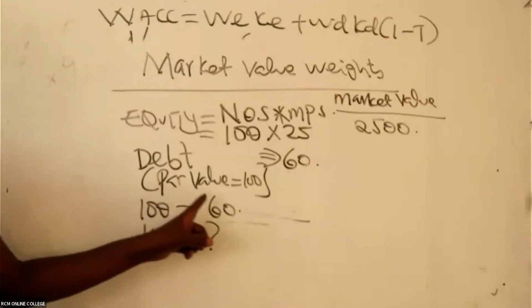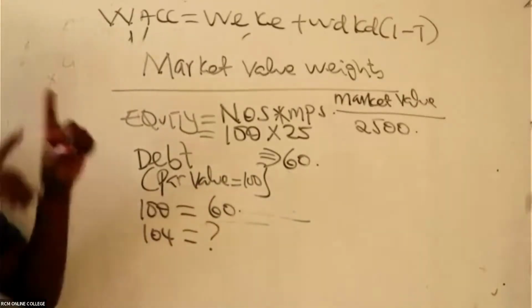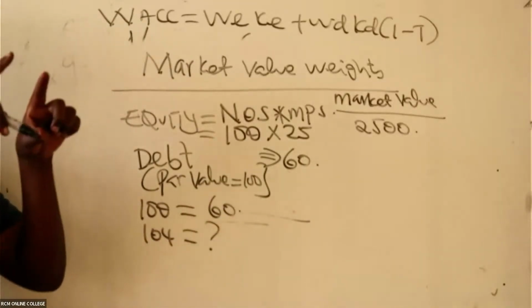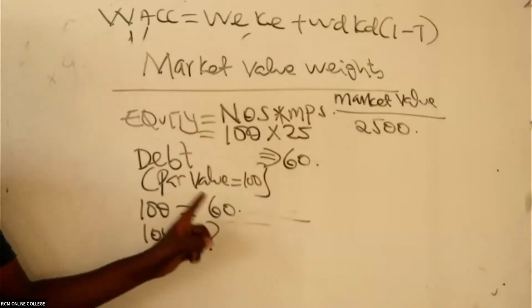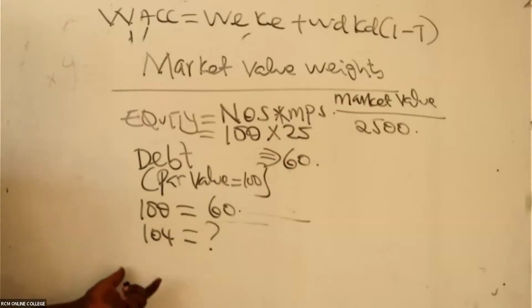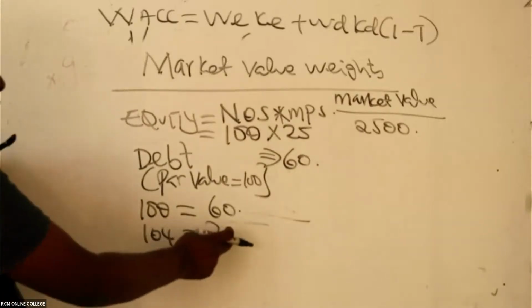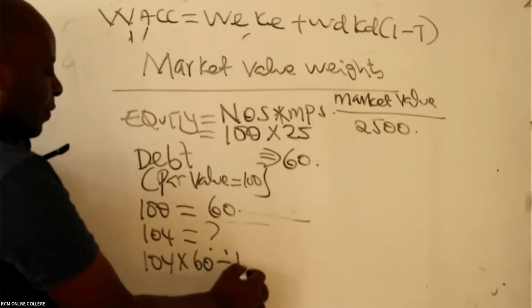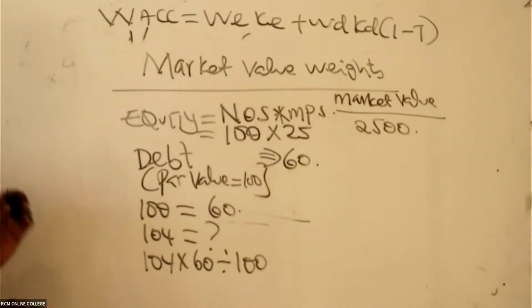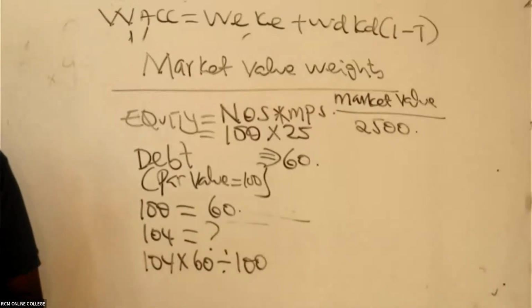Then the market value will be 104 times 60 divided by 100.